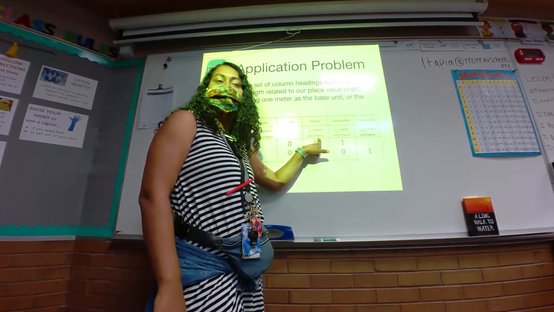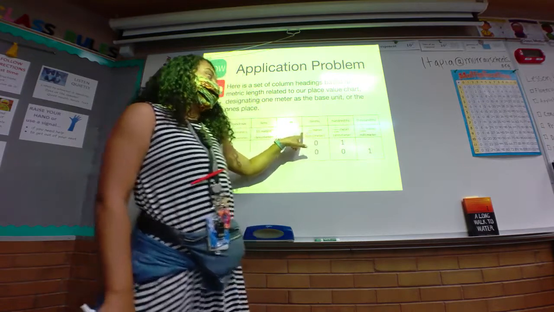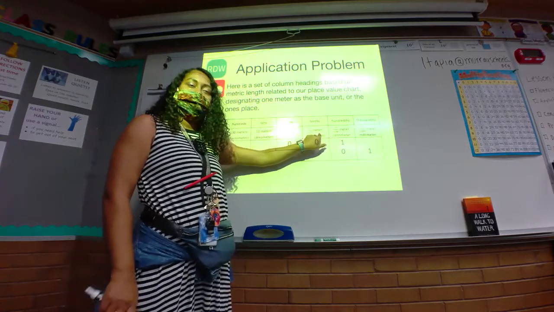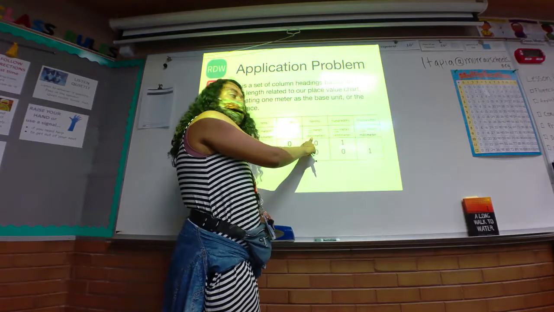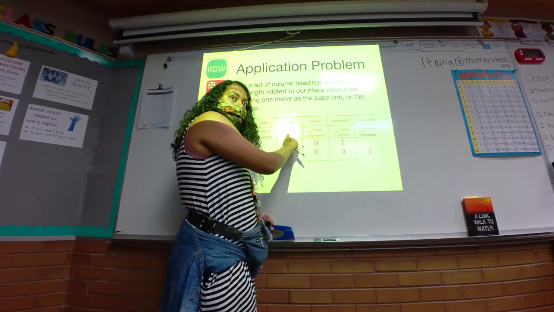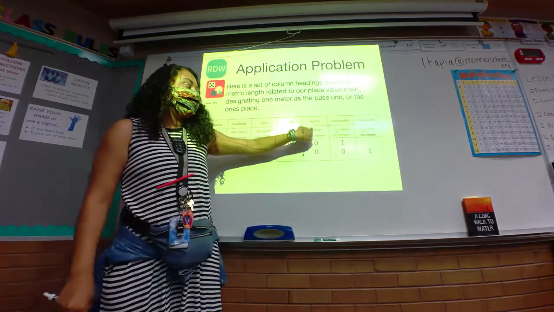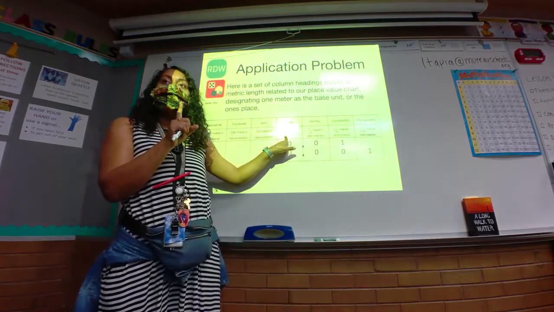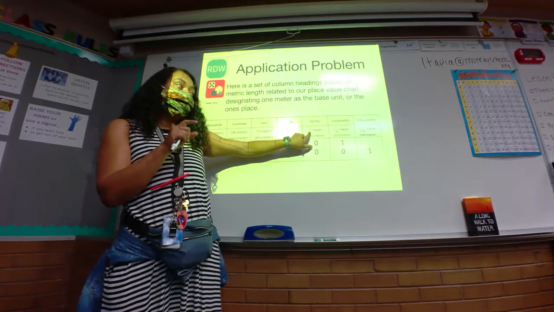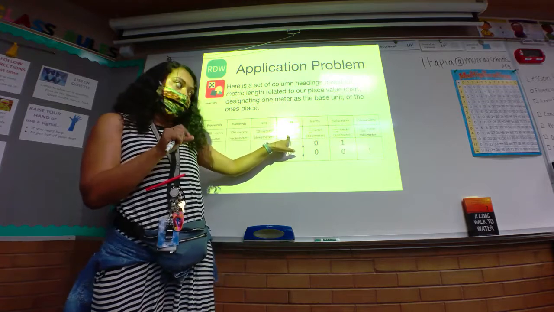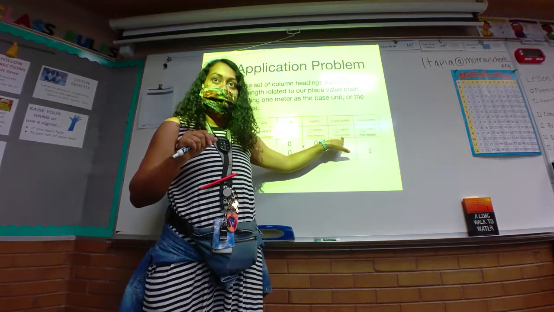Ready? So a tenth of a meter is a decimeter. So how many decimeters do you need to make 1 whole meter? Look at the fraction. 10. Thank you, Ariana. You will need 10 tenths to make 1 meter, right? Okay, so now a centimeter, centi means 100.